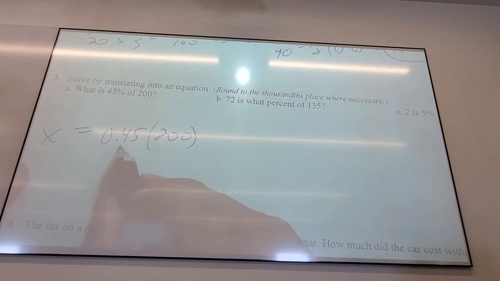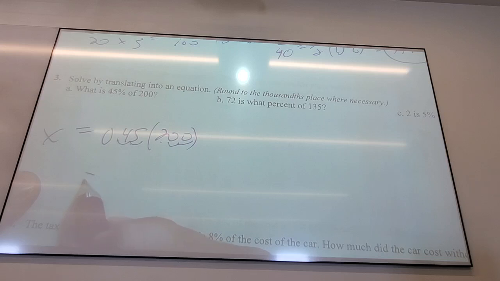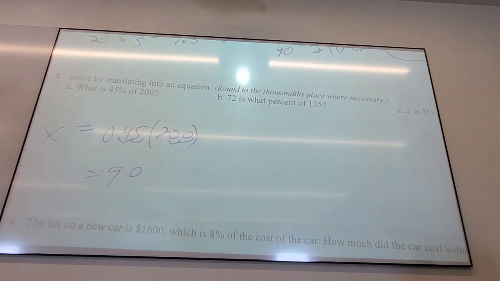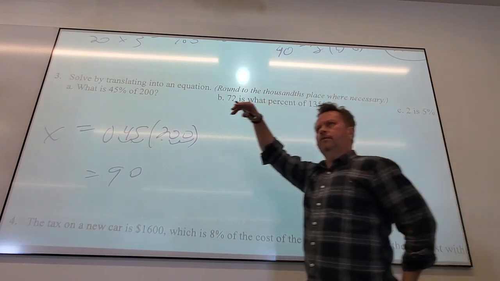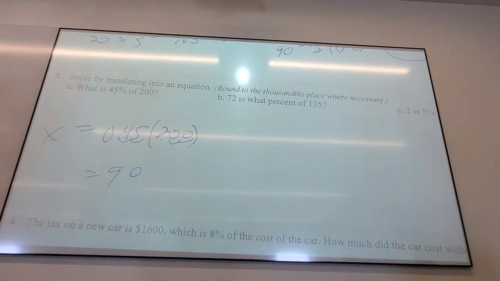I know you guys plug this in the calculator, but if I move this over twice, and I move this back twice, 45 times 2 is 90, which is the answer, right? Because that's sort of using the fraction approach. What is 0.45 as a fraction? 45 over 100. 100 goes into 200 twice.